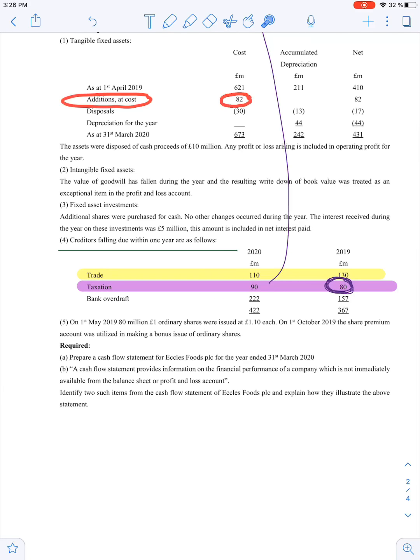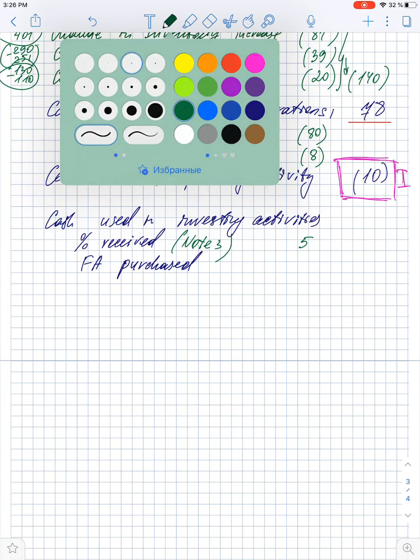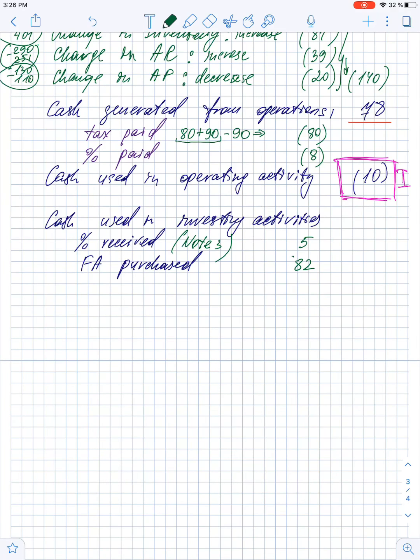It means that the company purchased new fixed assets for 82, and that amount was totally paid in cash because no other information is provided, no payables in respect of that fixed asset purchase. So we can put that 82 as cash spending for fixed assets purchased, less 82, of course, because that amount was spent on the purchase.